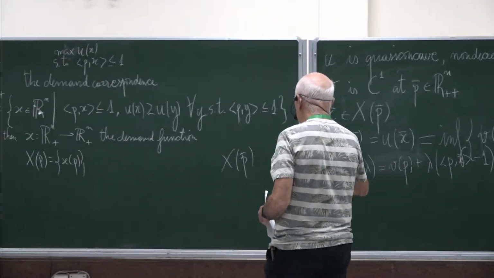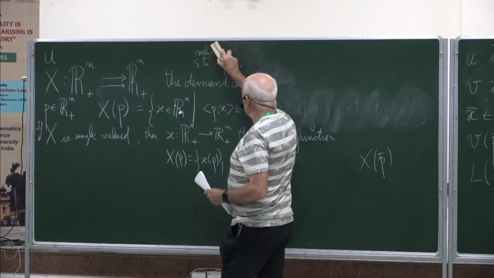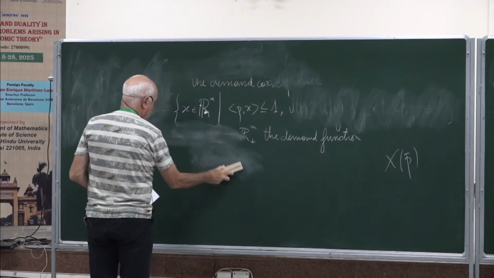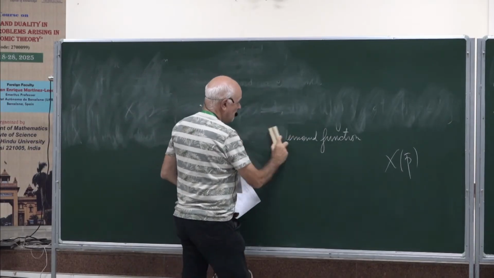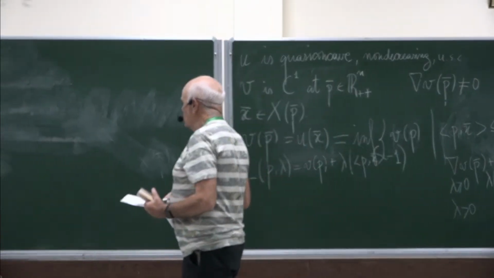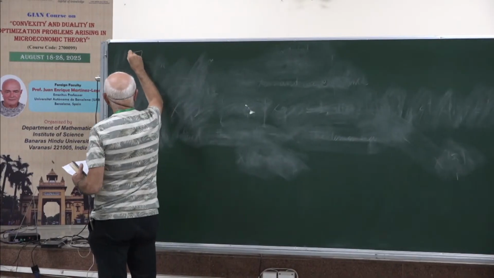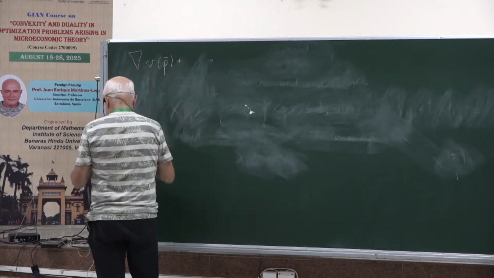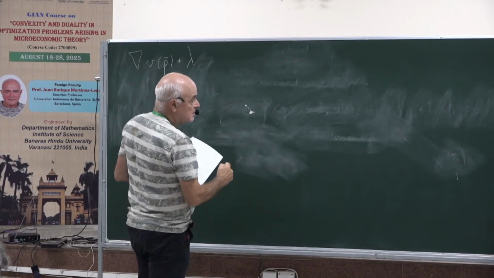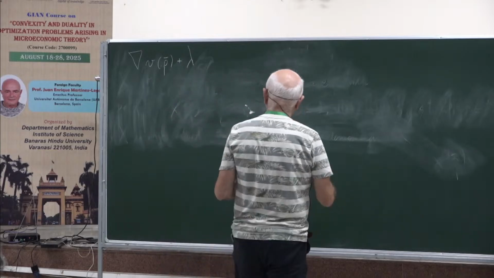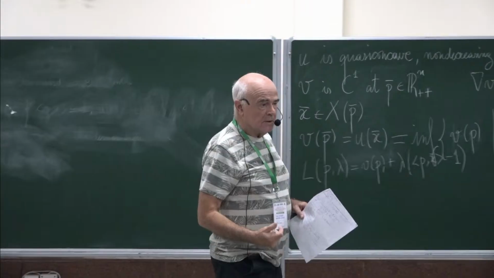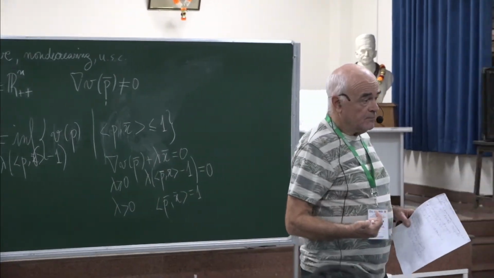Well, and then I copy here the equality: gradient of V at P bar plus lambda X bar equals 0, and I multiply this vector equation with P bar, inner product.